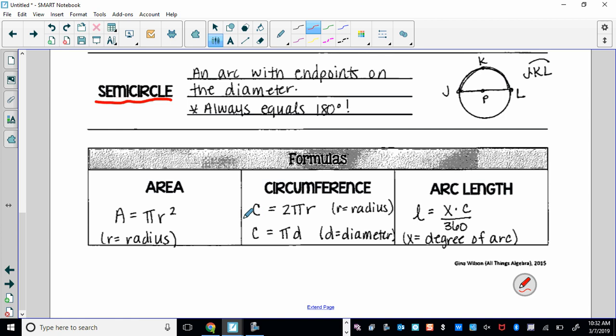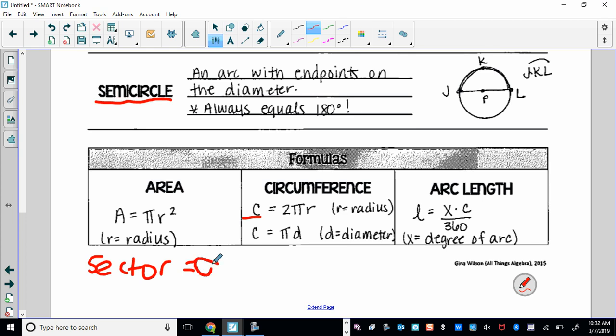C is represented by the circumference of the circle, and X is the degree. So we're also going to talk about a sector, which is the area of a portion of a circle. If I wanted to know the area, you'll see the formula.